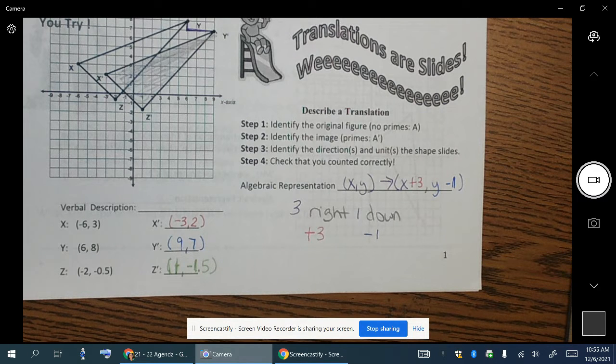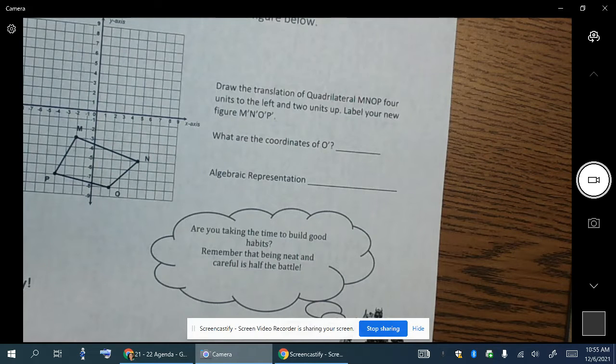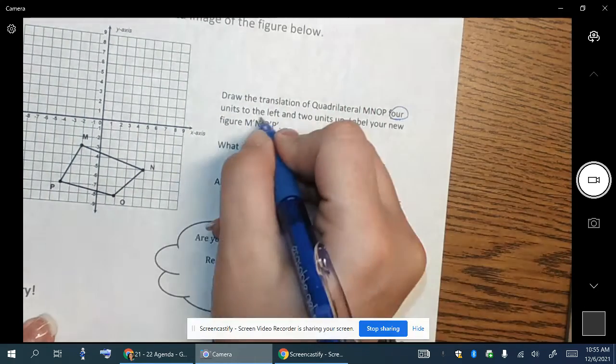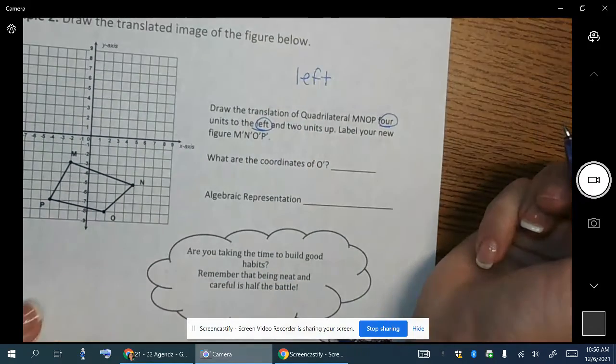Okay? On the back, it does not have 2 pictures drawn. So the picture it gives me is the original. And it says draw the translation 4 to the left. Okay? 4 to the left. So left. What is 4 going to be?